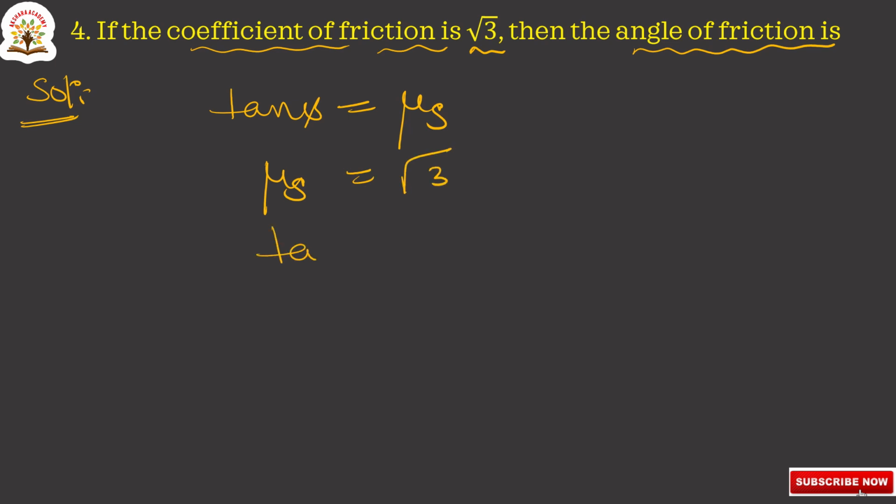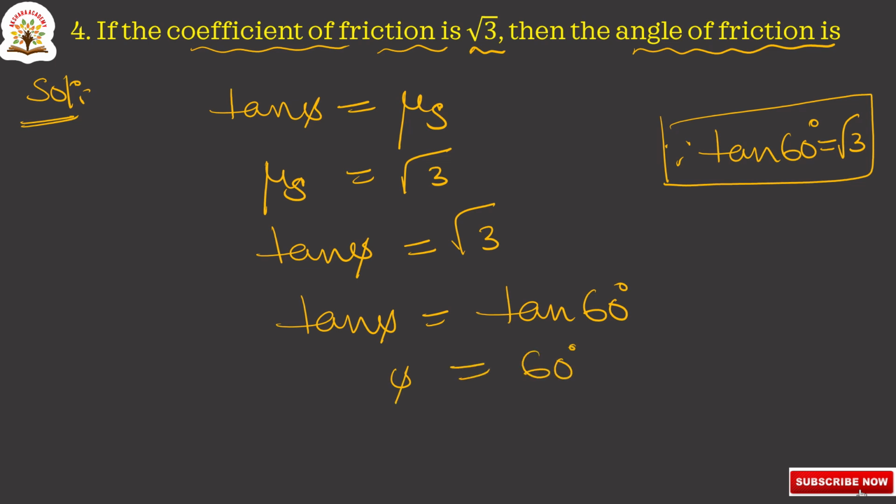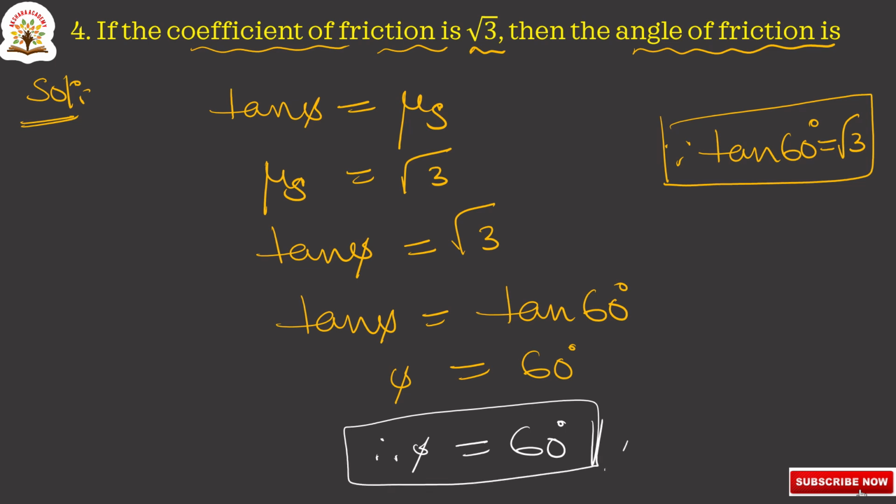So substituting √3 in place of mu s, tan phi is equal to √3. Since tan 60 degrees is equal to √3, tan phi is equal to tan 60, then phi is equal to 60 degrees. So the angle of friction phi is equal to 60 degrees.